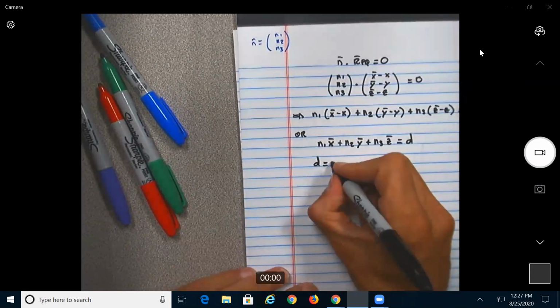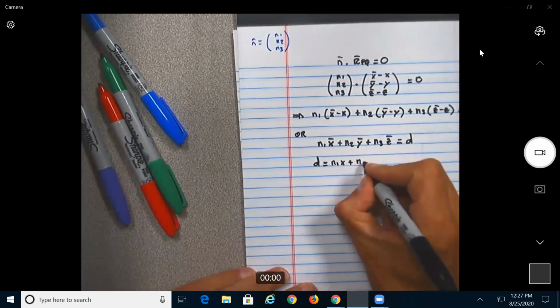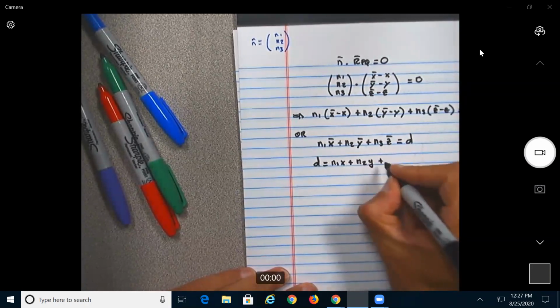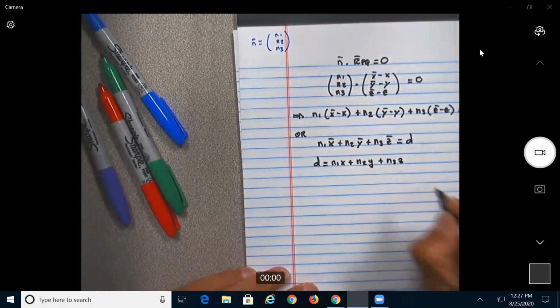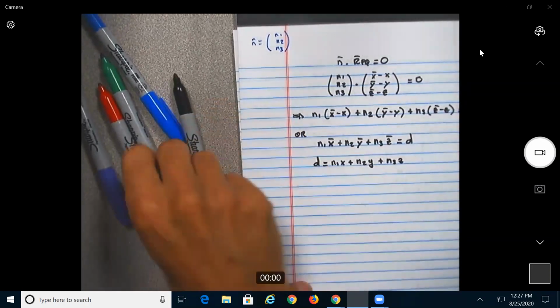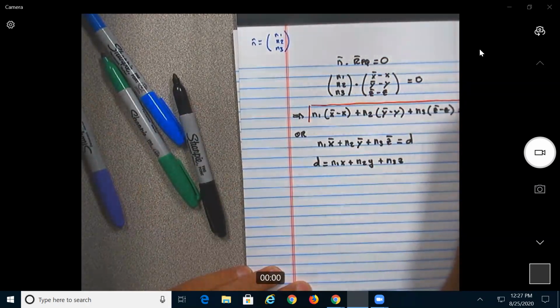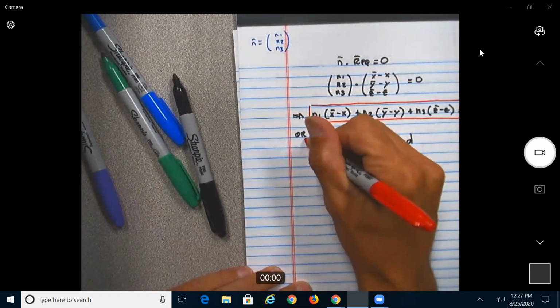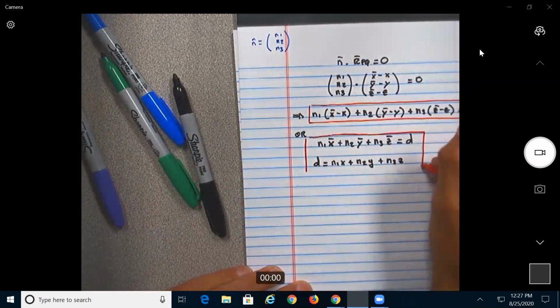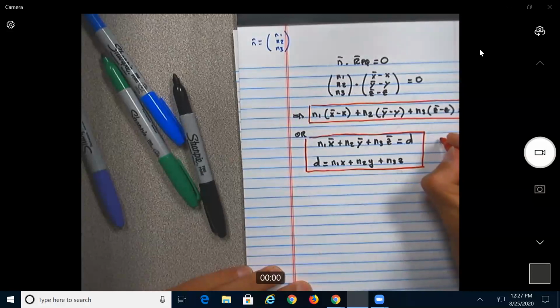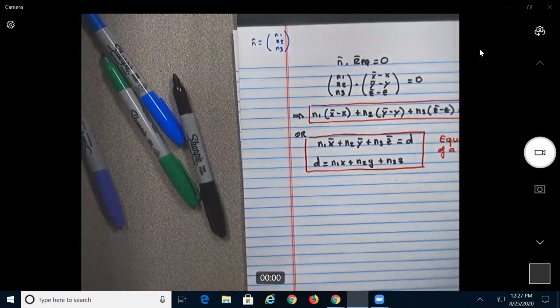It would be equal to n1 X plus n2 Y plus n3 Z. So this is the equation of a plane.